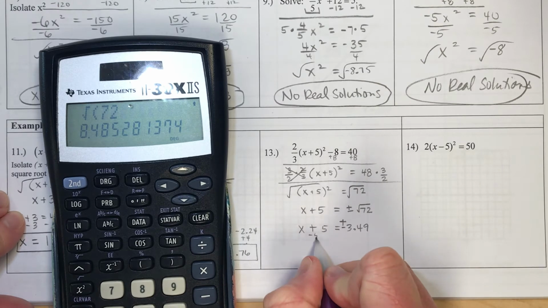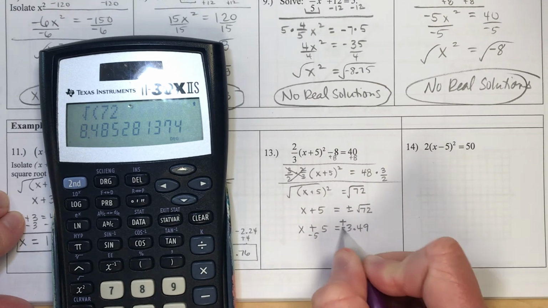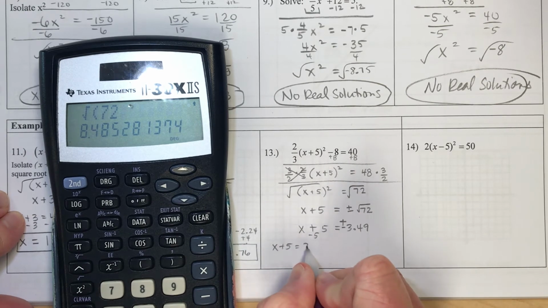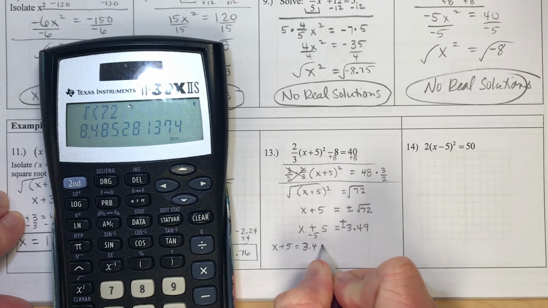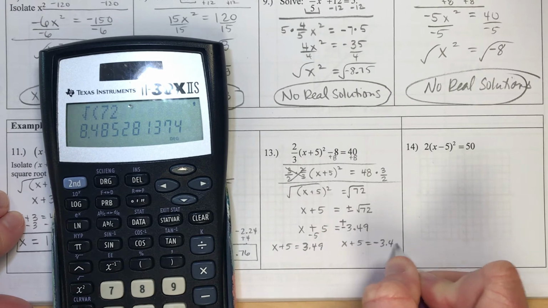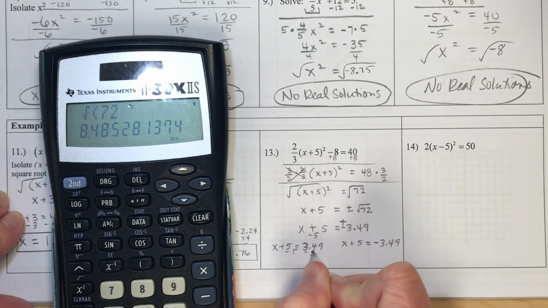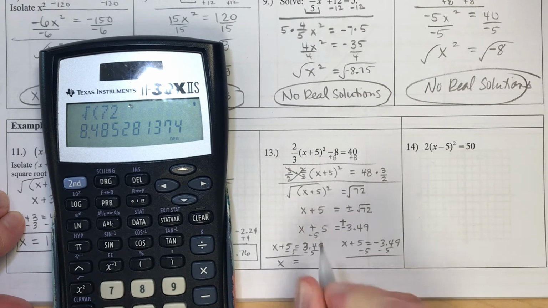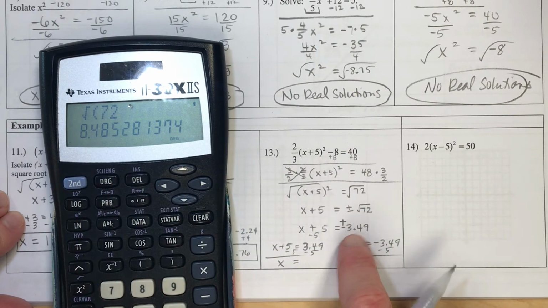So I'm going to be subtracting 5, from a positive and a negative 8.49. So if x plus 5 was positive 8.49, or if x plus 5 was equal to a negative 8.49, and I subtract 5... All right, so why did I write 3.49 when it's 8?